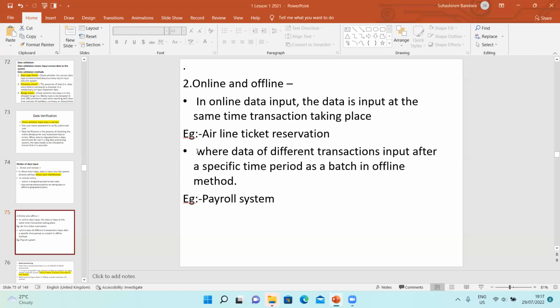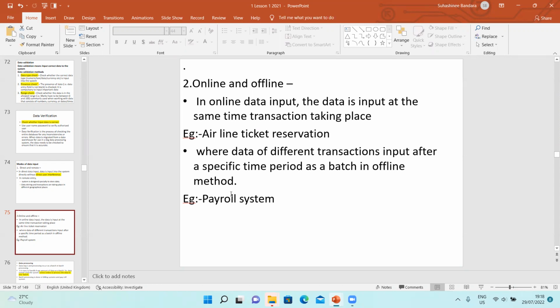Then online and offline. In online data input, input and output happen at the same time, that is, the transaction takes place at the same time. For example, airline ticket reservation. In the offline method, data of different transactions is input after a specific time period as batches.